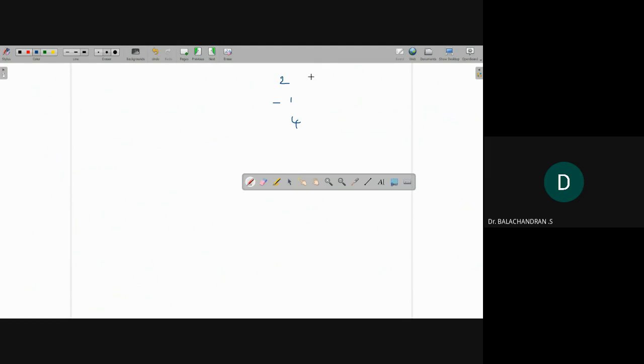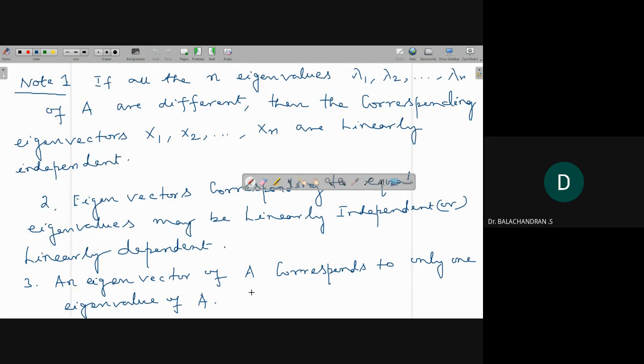You can't say it like this: for two different eigenvalues, the eigenvector is not the same. That is the meaning of the third one. An eigenvector of A corresponds to only one eigenvalue of A.